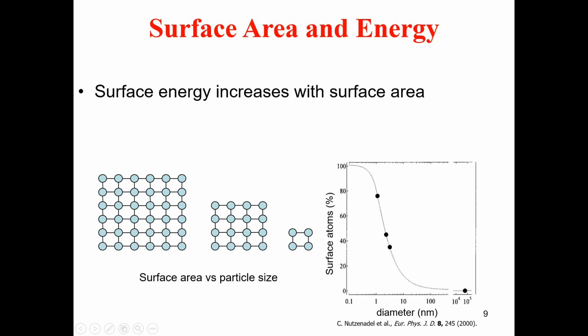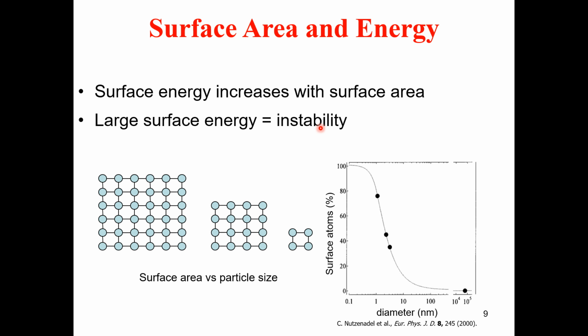So what happens? Surface energy increases with the surface area. When we reduce the size of the materials, we increase the surface area, and with the increase in surface area, the surface energy increases. So we have large surface energy, and large surface energy means that the material is unstable. The material instability increases. What does it mean? It means that the material becomes highly reactive at the nanoscale.